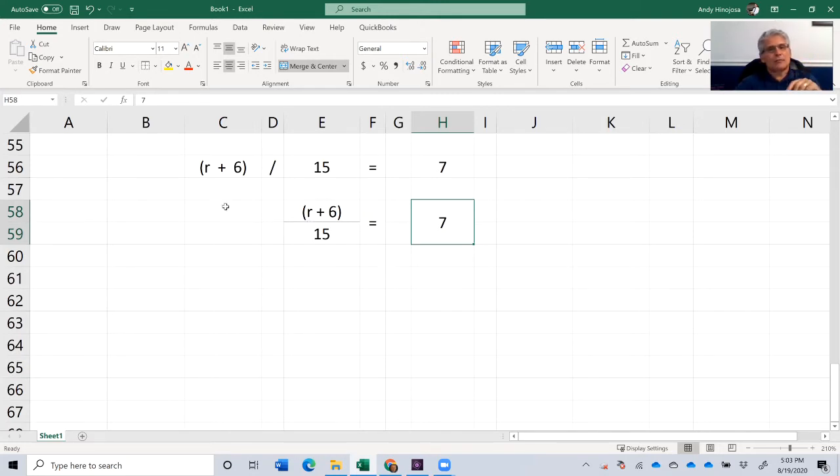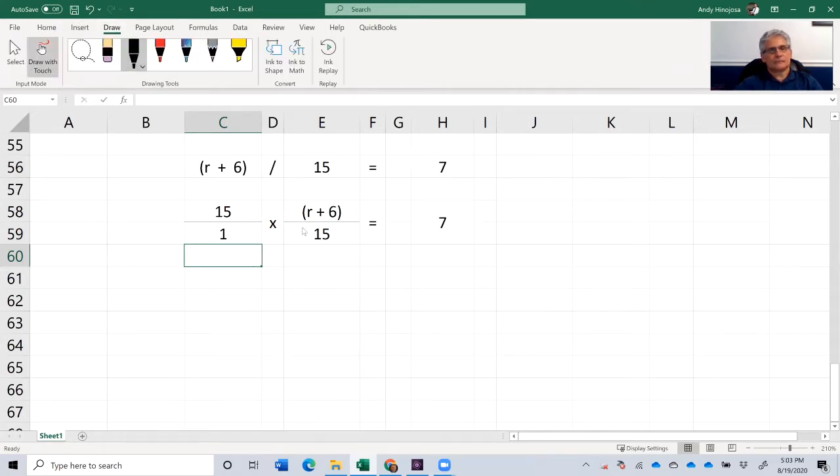To solve that problem, we're going to multiply both sides by 15. If I want to be technical, it'll be 15 over 1. So I'm going to multiply the left side by 15 over 1, and by doing so, the 15s are going to cancel.